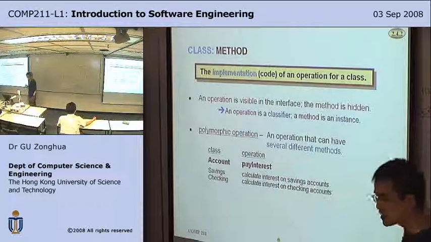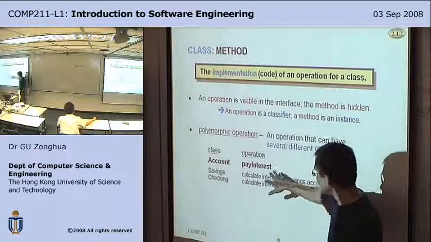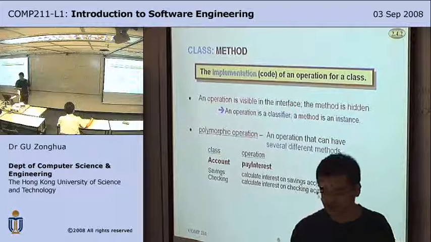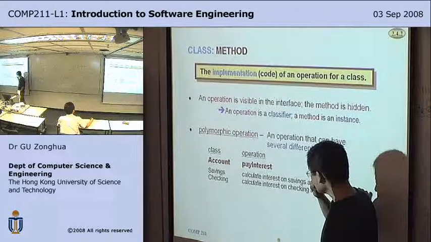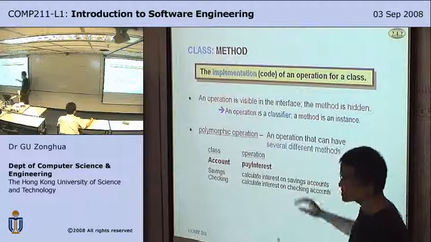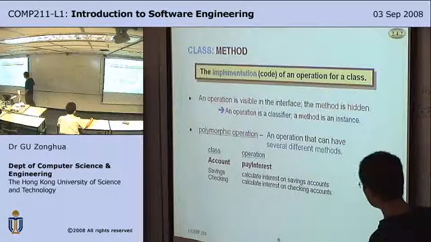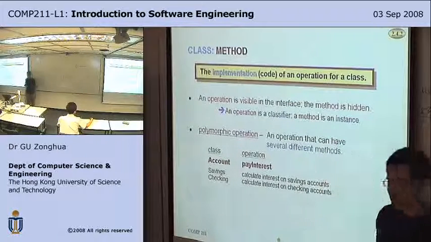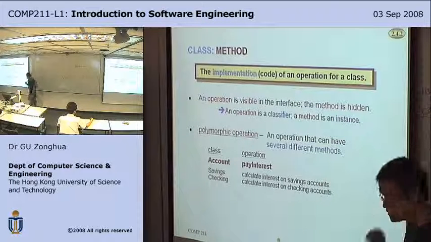So a so-called polymorphic operation, where, for example, you may have a class account with an operation pay interest. Maybe it's called periodically every month. For a savings account and for a checking account, you may have different interest rates. So your method for implementing the pay interest operation is different for a checking account or savings account.